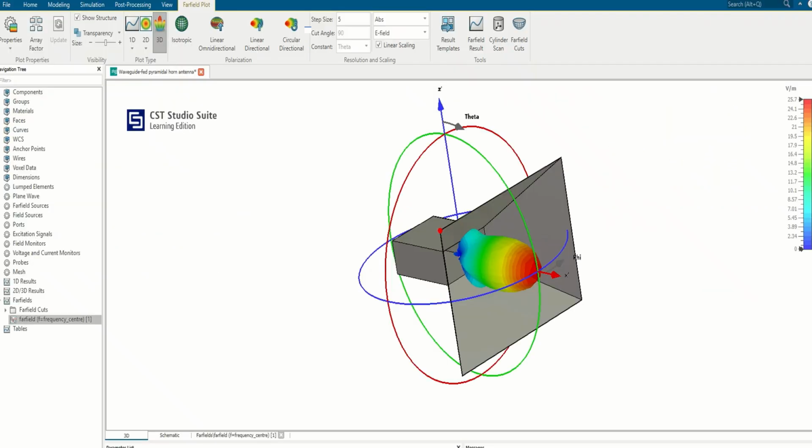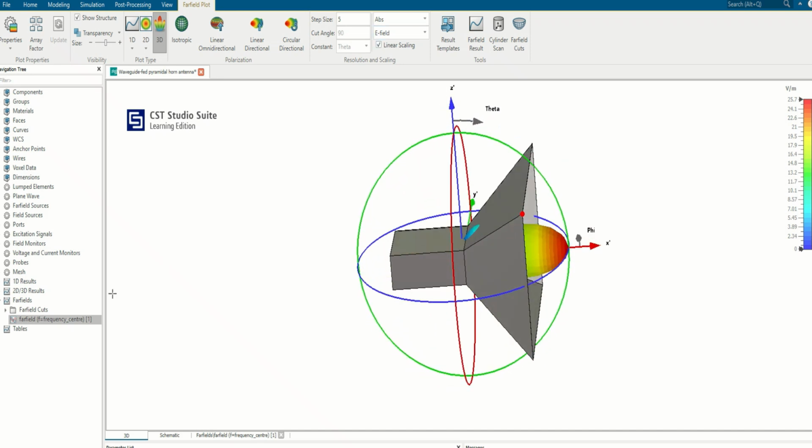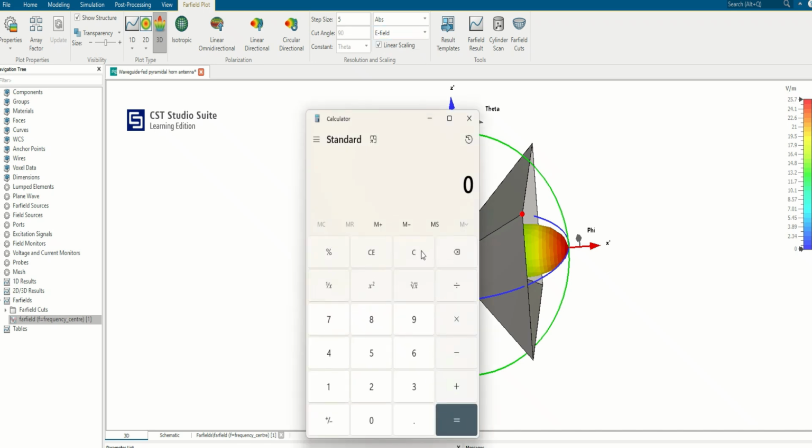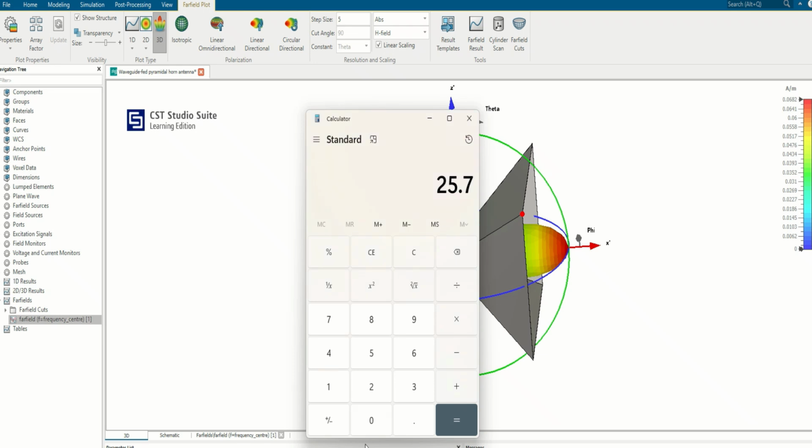Let's see that. So for the explanation purpose, I have taken a horn antenna, and in the far field result I have taken the electric field with linear scaling, and here you can see the peak value of the electric field as 25.7, and the peak value of the magnetic field is 0.0682.